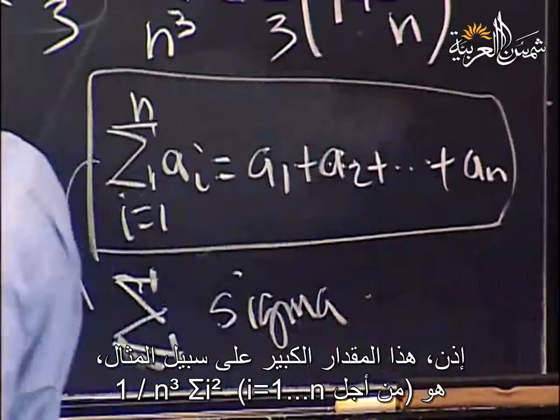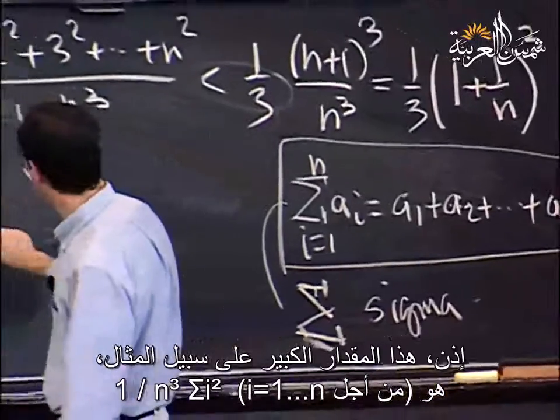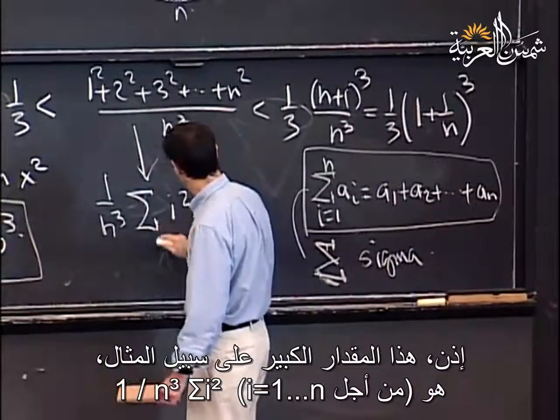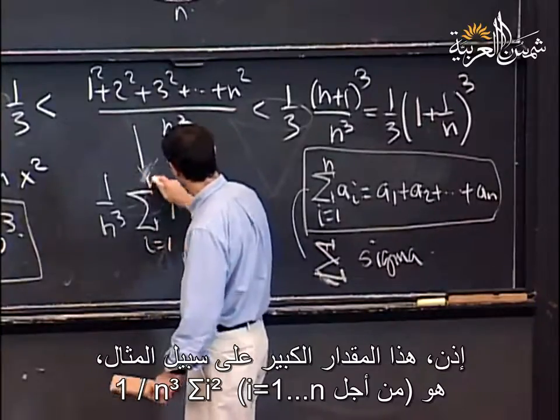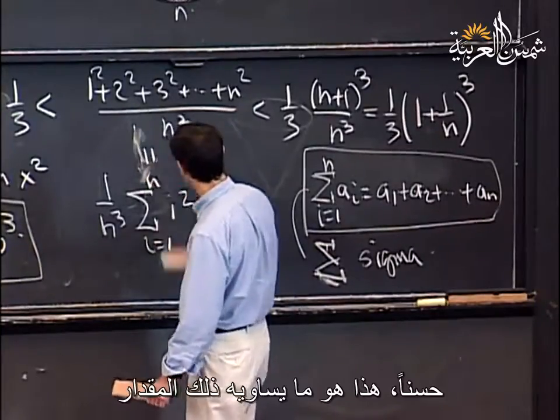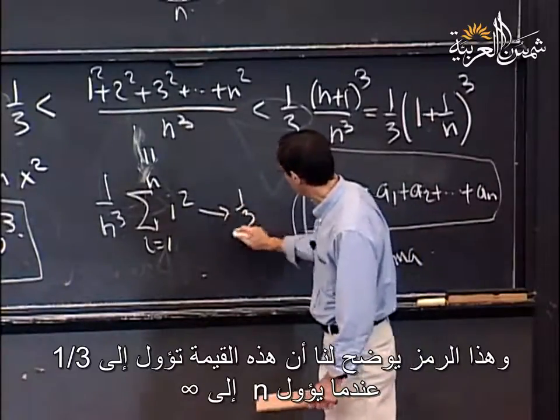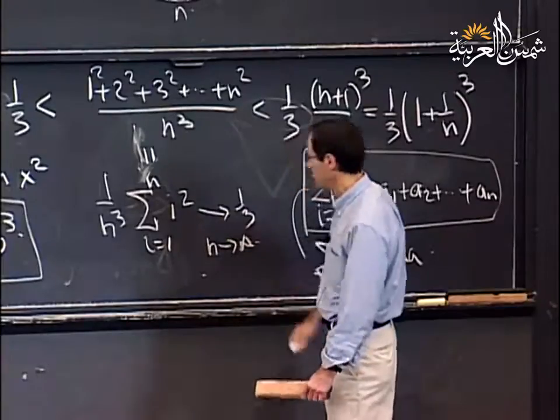And so this quantity here, for instance, is 1 over n cubed times the sum of i squared, i equals 1 to n. All right, so that's what this thing is equal to. And what we just showed is that that tends to 1/3 as n goes to infinity.